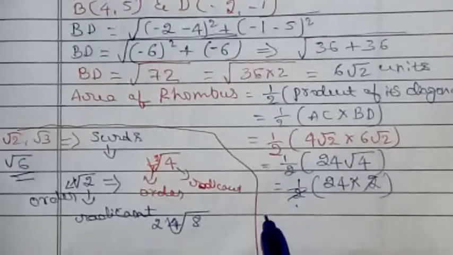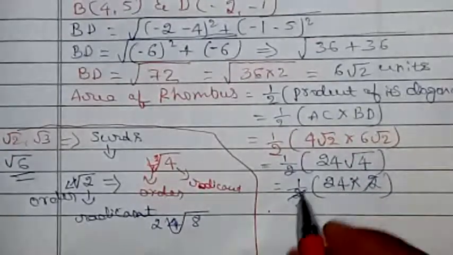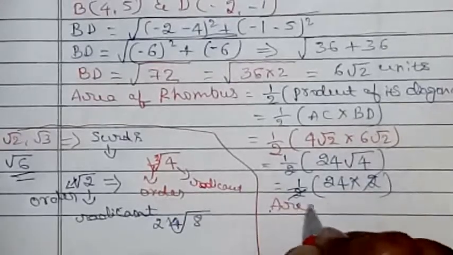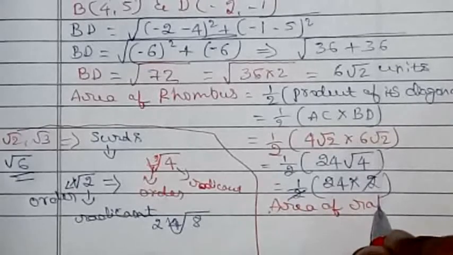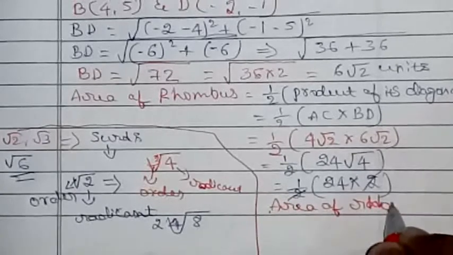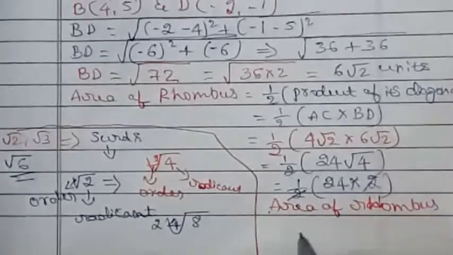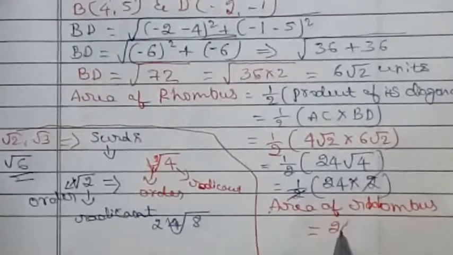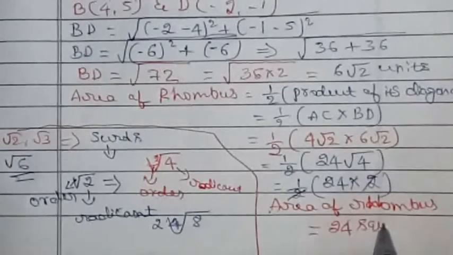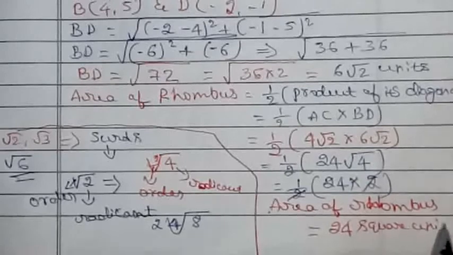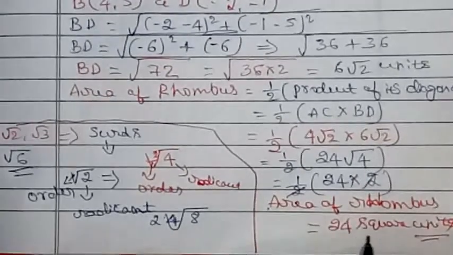The remaining is, so I'll write the answer. So therefore area of a rhombus equals how much? 24 square units. Right? This is how we'll solve the problem, children.